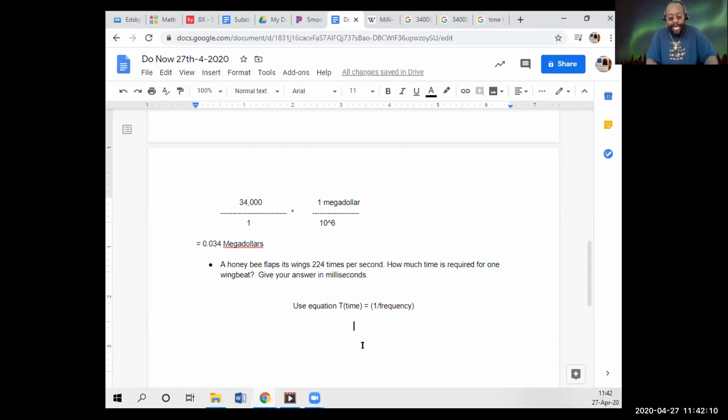Now, time, T, is going to be equal to what we said. It's going to be 1 divided by the frequency. And the frequency in this case was 224 times per second. So will we put that under known?